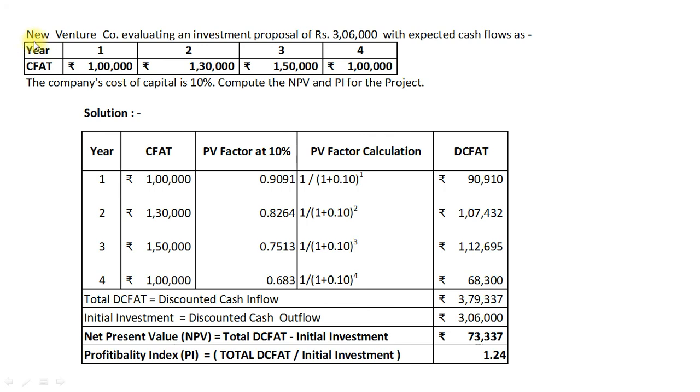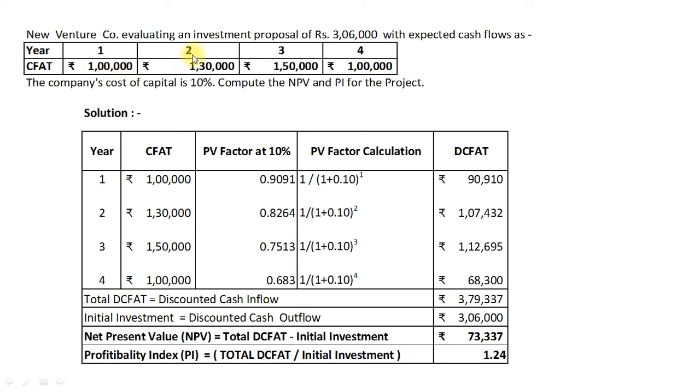Here is the example. New Venture company is evaluating an investment proposal of rupees 3,06,000 with expected cash flows as year and cash flow after tax, that is CFAT. At the end of first year, CFAT rupees 1 lakh.